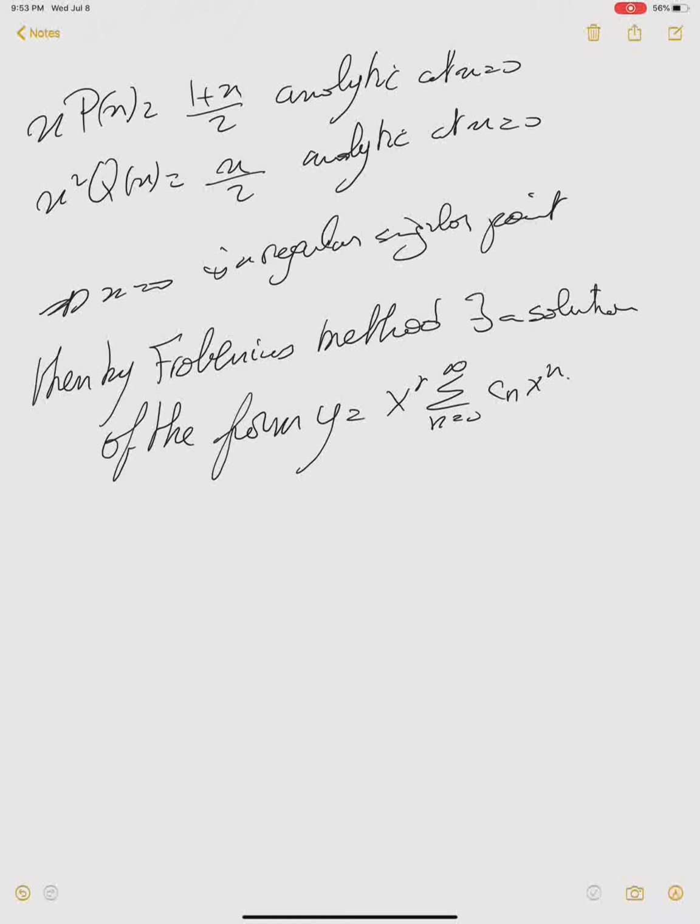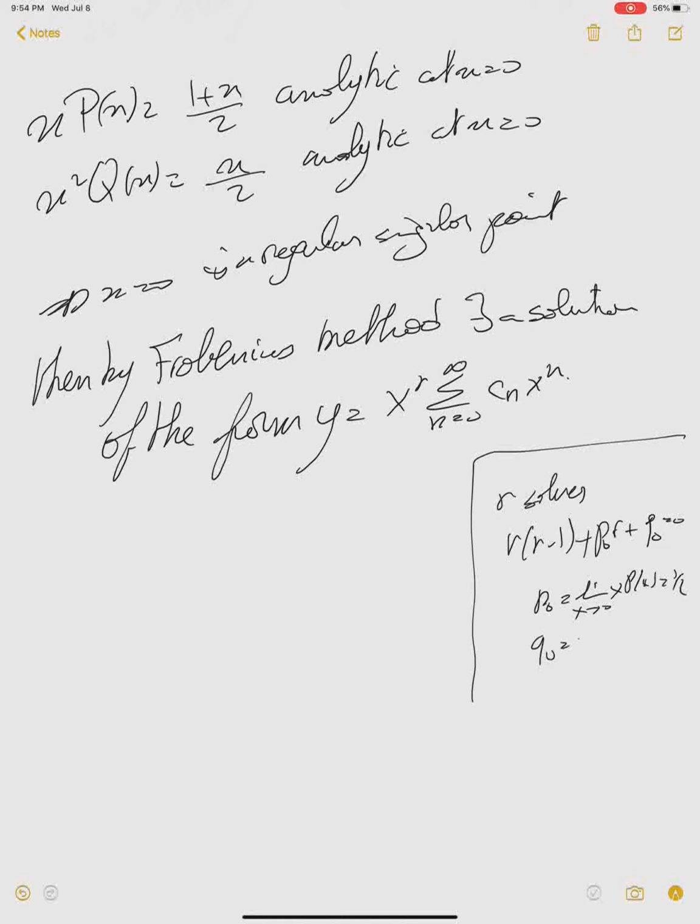Okay. Now you don't need to find r from the very beginning. Here you need to find r, you need to find c_n. The thing is, you can do these two together. You can find the indicial equation while solving. But if you are only interested in what is r, you can calculate r directly, because I know that r solves r(r - 1) + p0 r + q0 = 0, where p0 is the limit as x goes to 0 of x p(x), which is half, and q0 is the limit as x goes to 0 of x^2 q(x), which is 0.